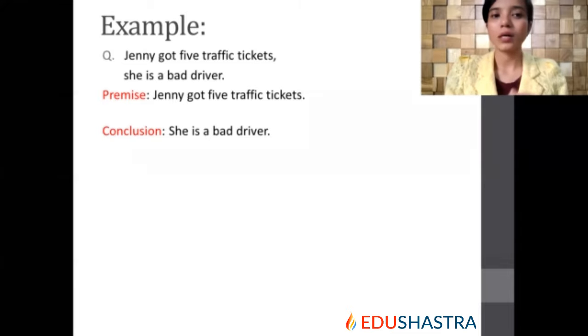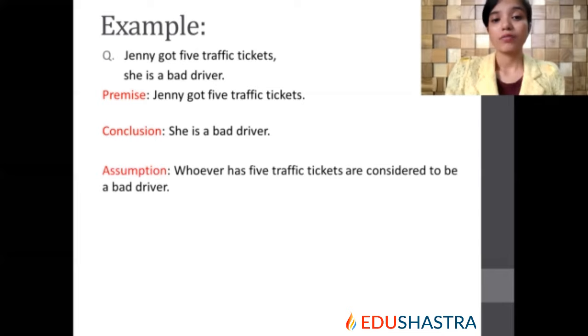No, right? So something that connects my premise and the conclusion should be my assumption. Now, suddenly there is something called traffic tickets and suddenly the author said bad driver. So maybe according to the author, whoever gets 5 traffic tickets is considered to be a bad driver. Yes, so this is my first primary assumption for this given question.